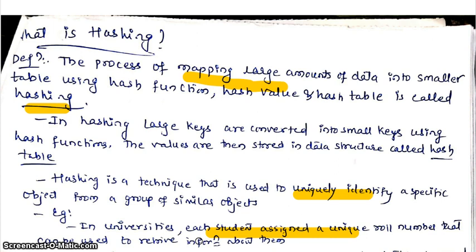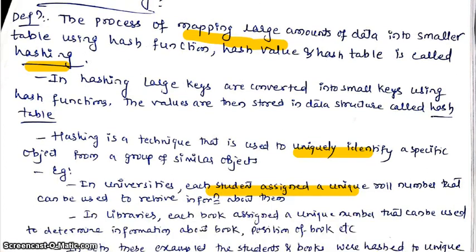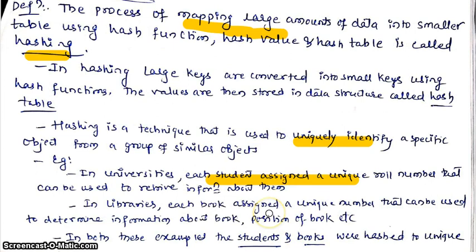If I give that number, entire information about that student can be accessed, like his name, semester, course, everything. So I can retrieve the information based on his roll number.